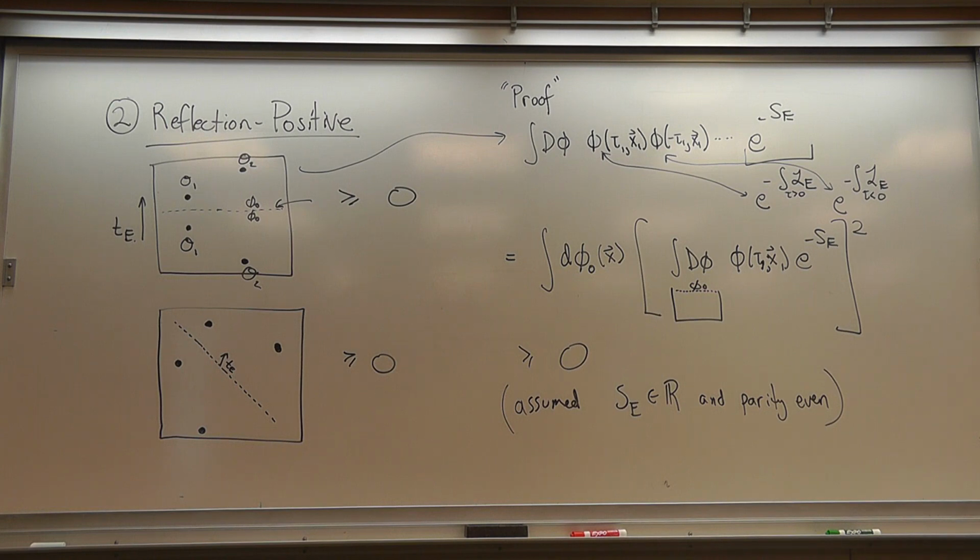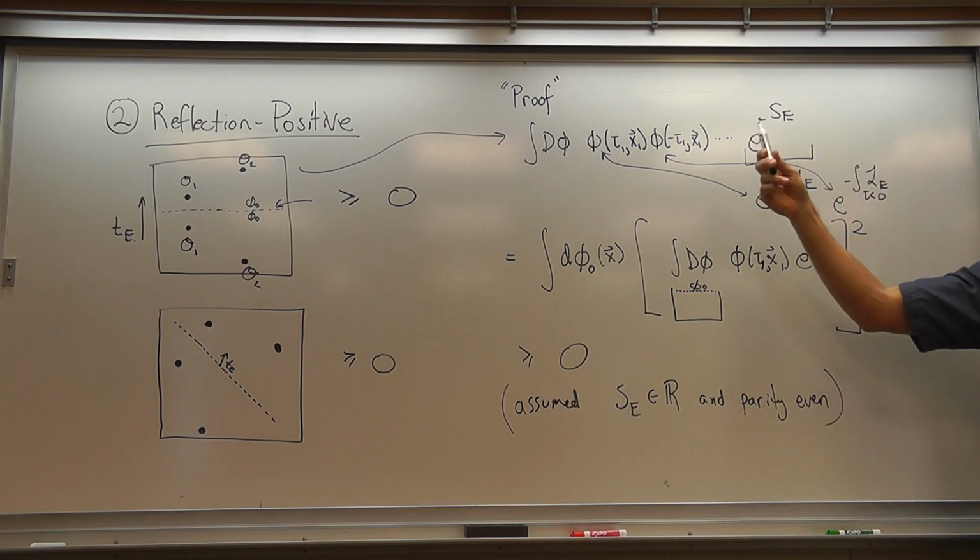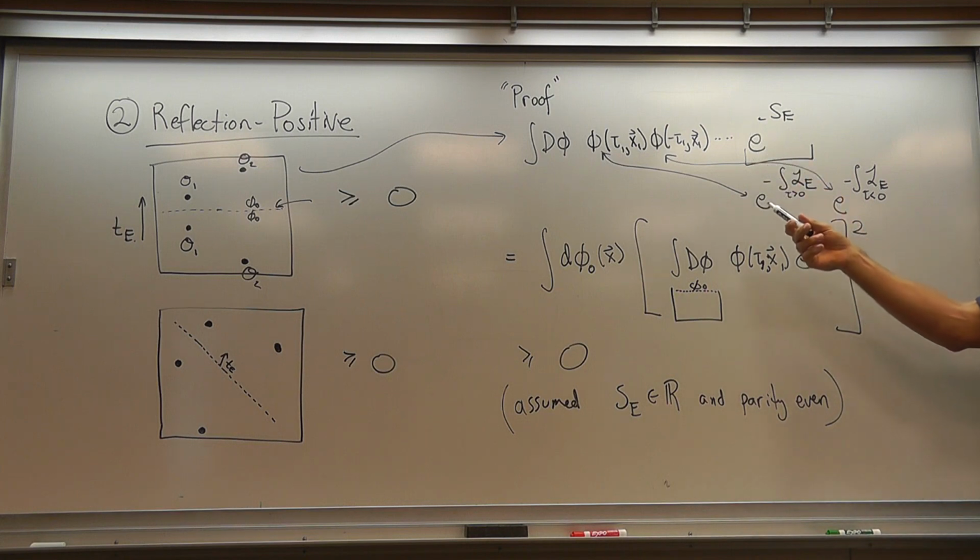The reason I assumed it's parity even is that there are some orientation flips. When I wrote this as something squared, that involved a flip of orientation. Now, if that flip in orientation were to come with a minus sign, like if the action were parity odd, then we'd have a problem.